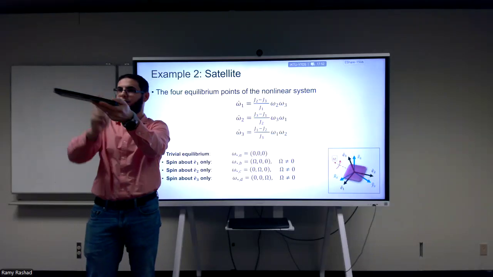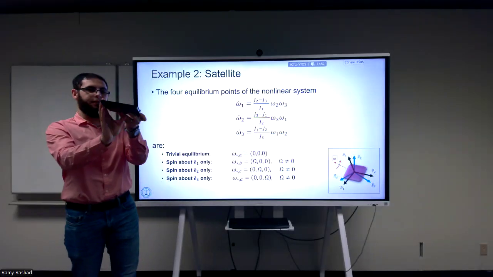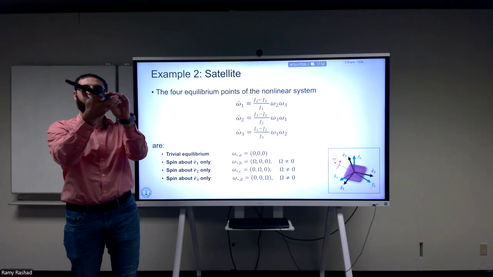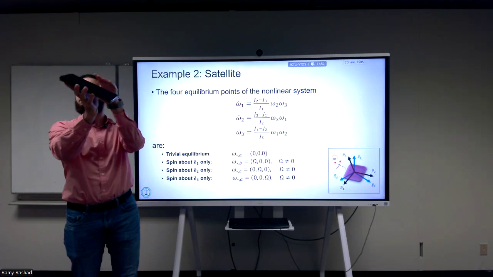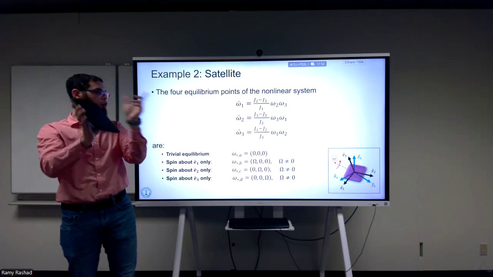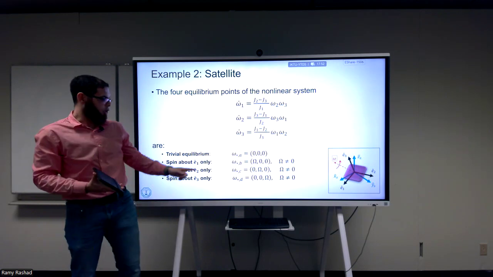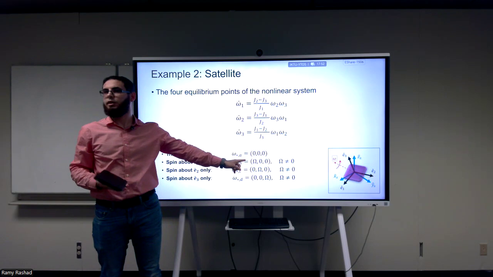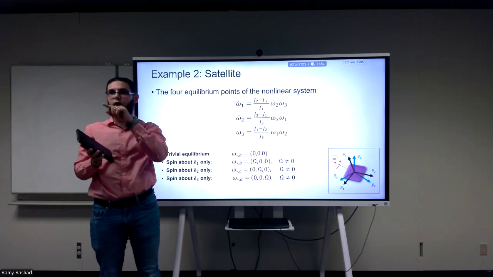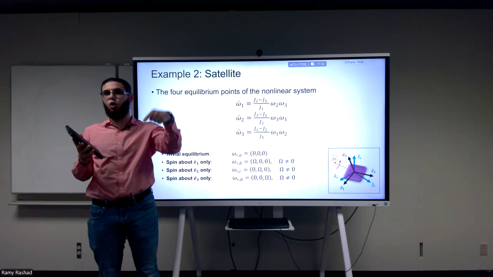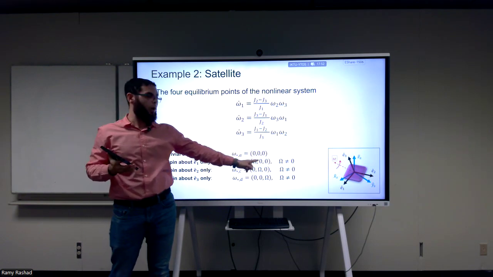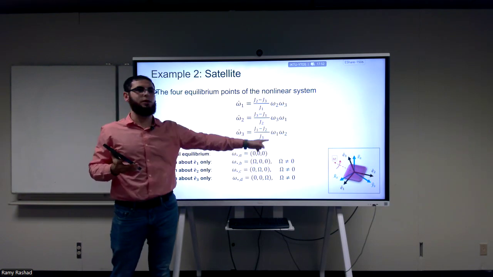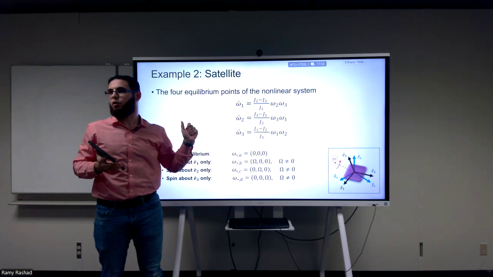These are the three principal axes. If the rigid body is doing nothing but just this rotation, then it's also an equilibrium point, right? If omega 1 is a constant value, constantly rotating, not with any acceleration, so just a constant angular velocity, while the other two are 0, this will satisfy that this is an equilibrium point.